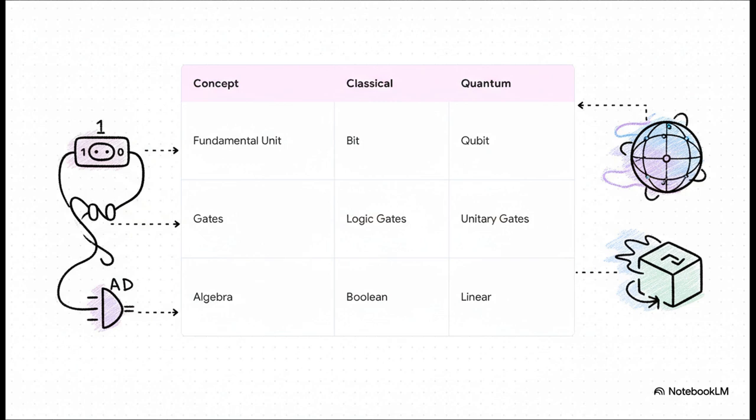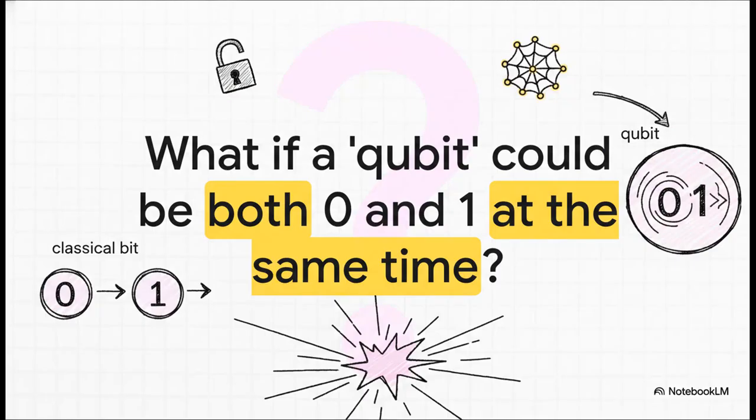And let me tell you, this is where things get truly mind-bending. We've spent this whole time establishing that a classical bit must make a choice. It is either a 0 or it is a 1. But the qubit, it plays by different rules. So what kind of new possibilities would open up if a qubit could be both 0 and 1 at the exact same time? Answering that question, that is the key to the next revolution in computing.